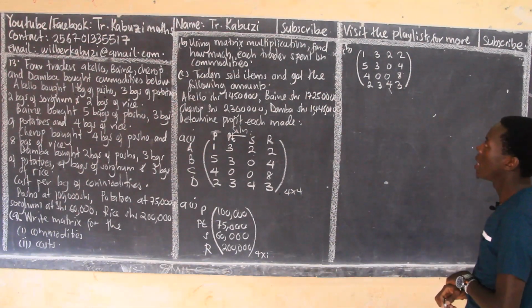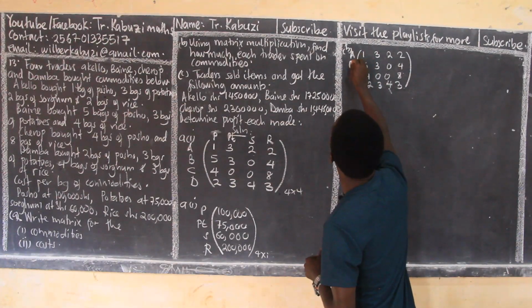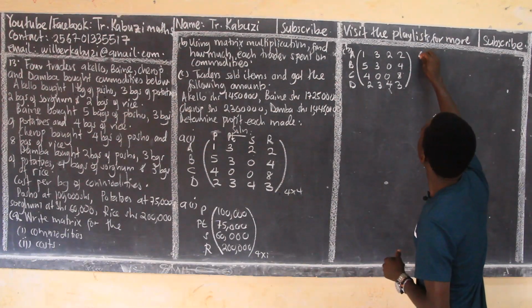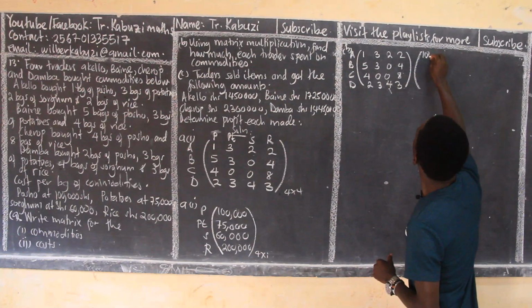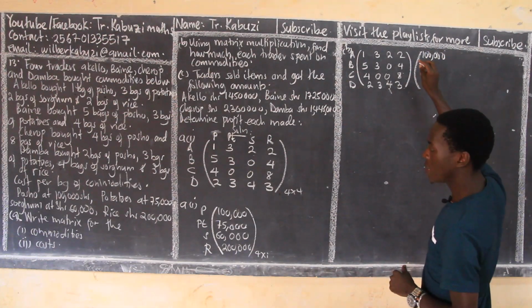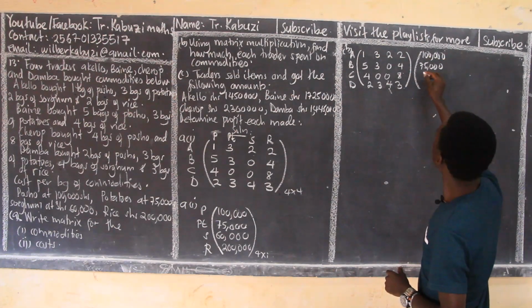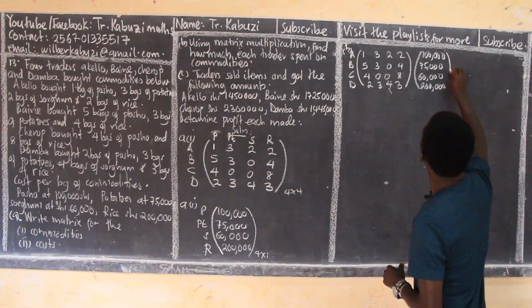So that one is now there. This one is Akero, this one is Baine, Chorop, and Damba. Now multiplying it, remember this is 4 by 4, and this one is 4 by 1.